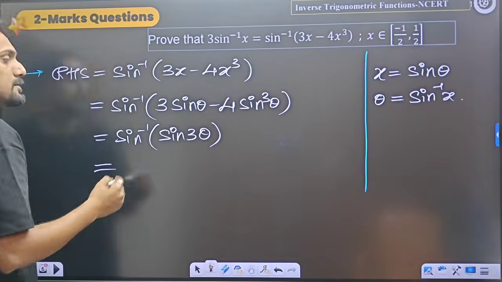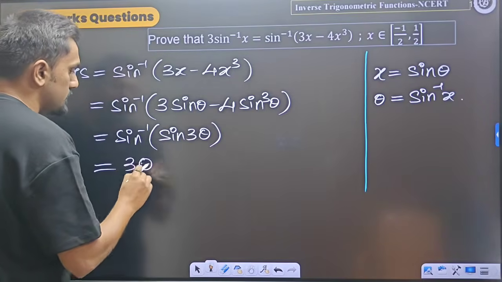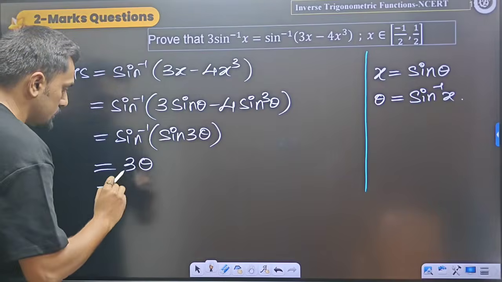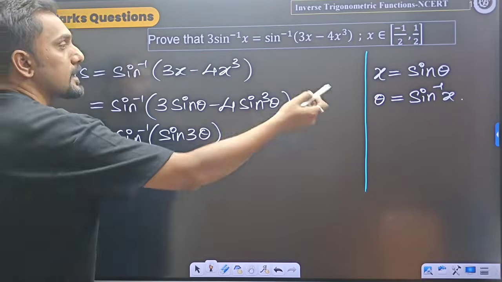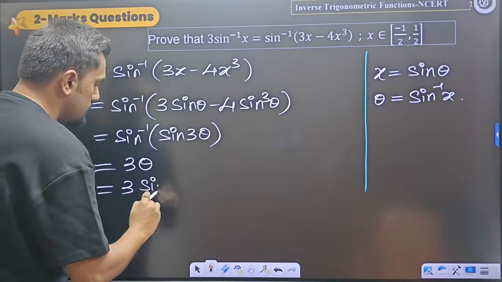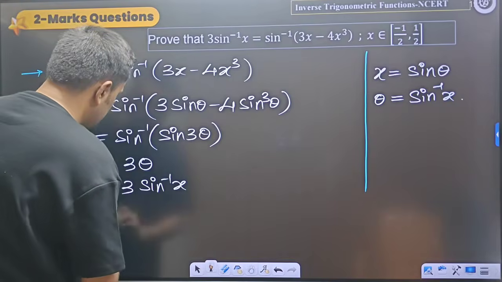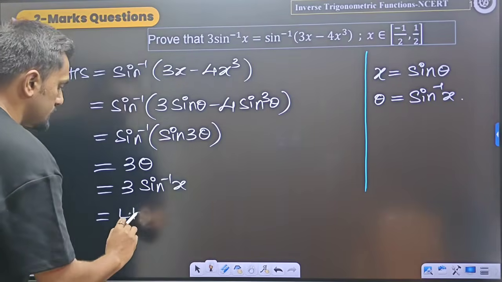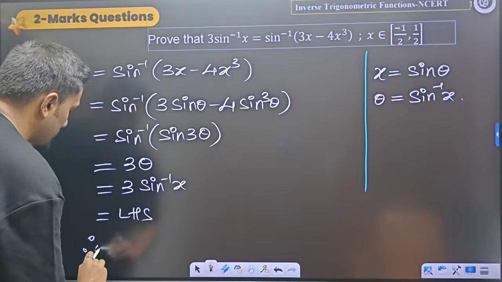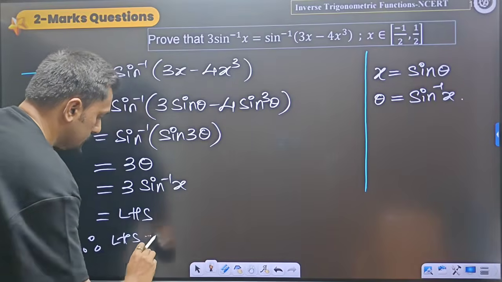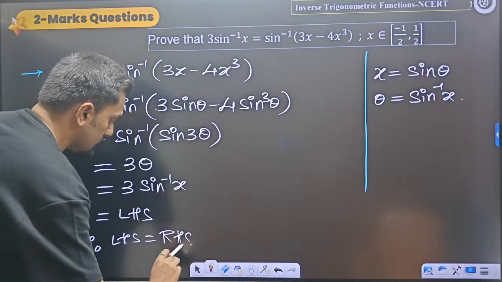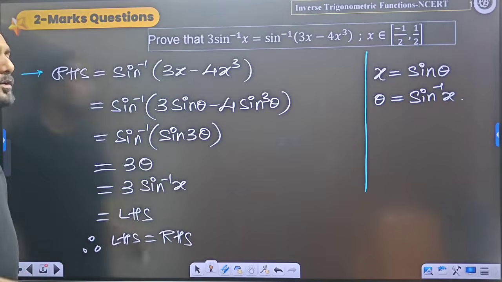So sine inverse of sine 3 theta is nothing but 3 theta by property. So what is theta? Theta is sine inverse of x, which is nothing but LHS. Therefore, we have proved the result LHS equals to RHS, hence proved.